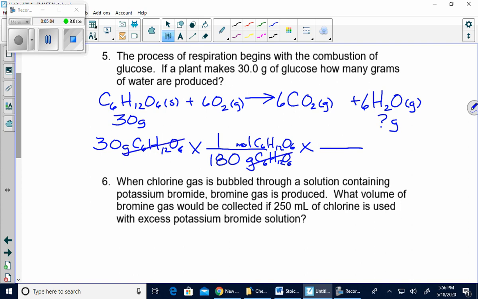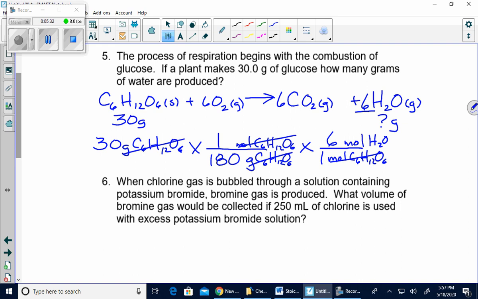Okay, so that means grams of glucose have canceled. My next step is my mole ratio step from the balanced equation. So I want to go to water, so I need to put that one on top. And I want to get rid of the glucose, so I put that one on the bottom. Okay, so moles of glucose have canceled.